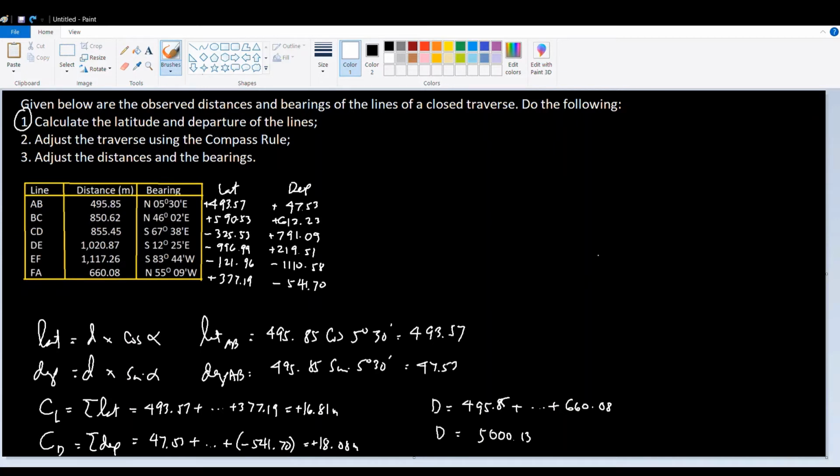Now that we have the total perimeter, or the total distance, we can start calculating the corrections for the latitudes and the departures. Let me write here: latitude correction.